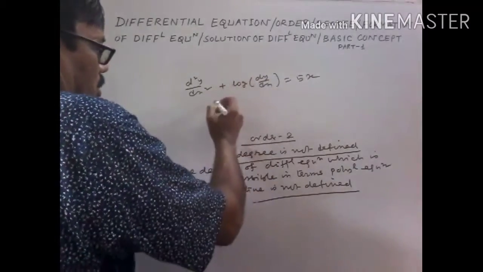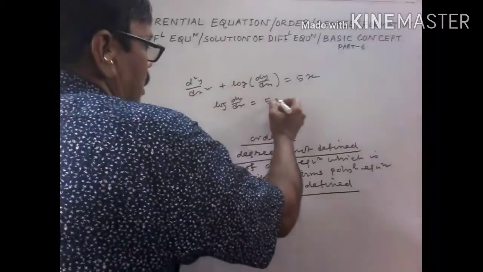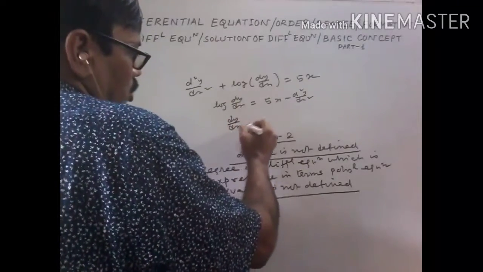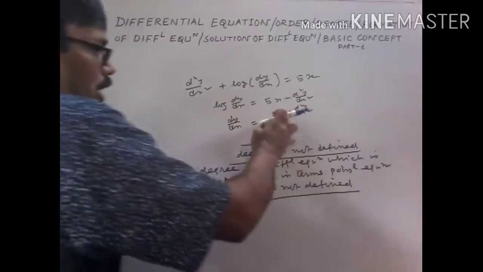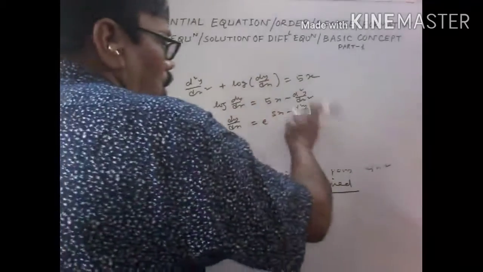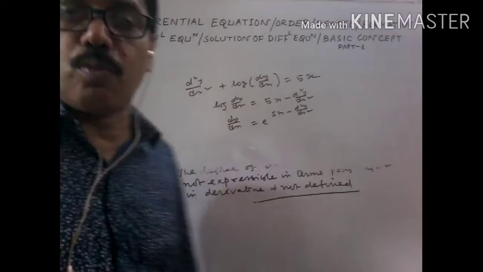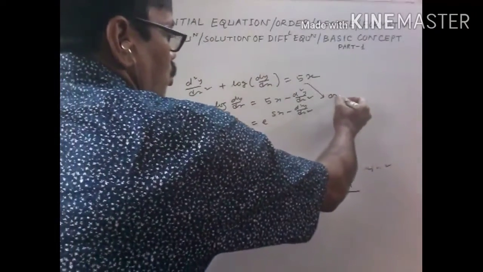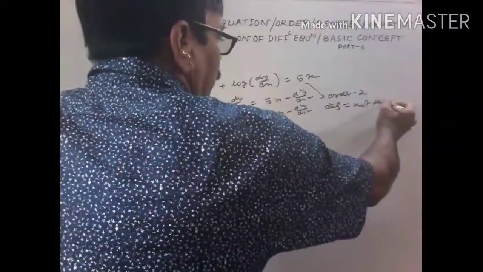If we take log(dy/dx) to the left-hand side, we get log(dy/dx) equals 5x minus d2y/dx2. So what is dy/dx? E to the power 5x minus d2y/dx2. Look, here the derivative occurs inside an exponential, so you cannot express dy/dx as a polynomial function. Therefore here order is 2, but degree is not defined.